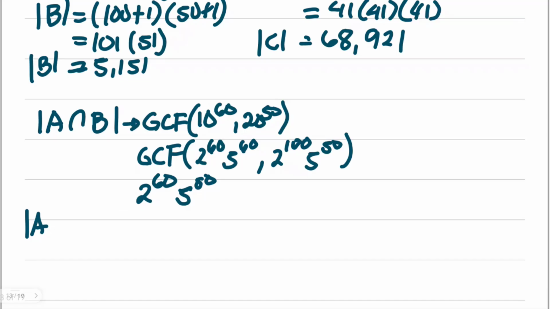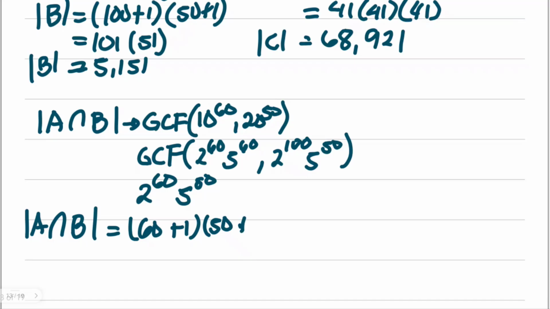A intersection B is the same formula: 60 plus 1 times 50 plus 1. You will get 61 times 51, which is 3,111 for the intersection of A and B.